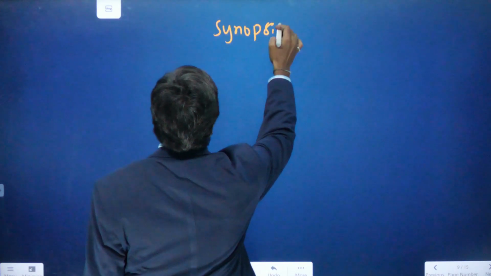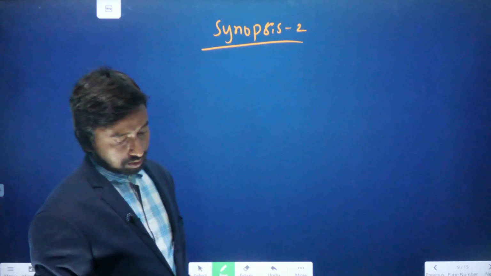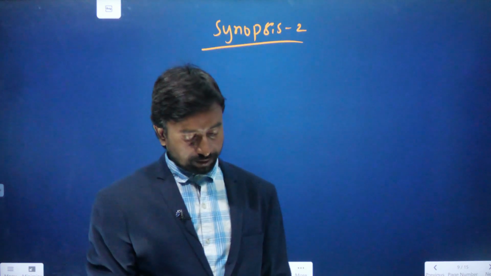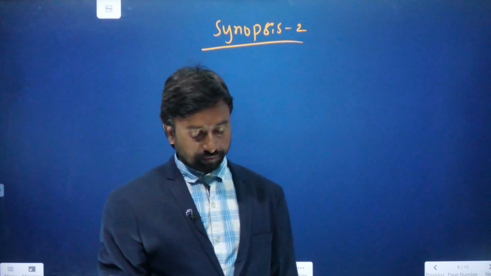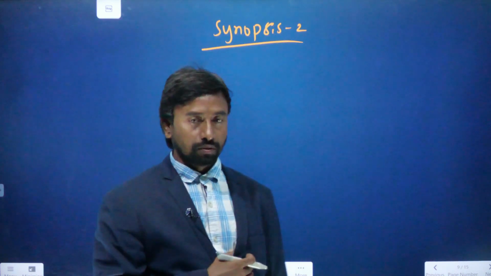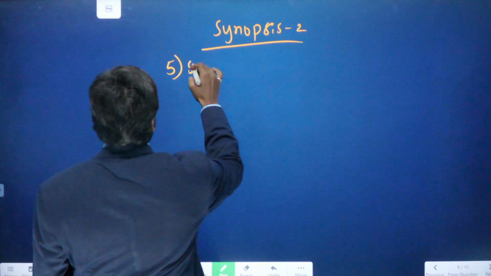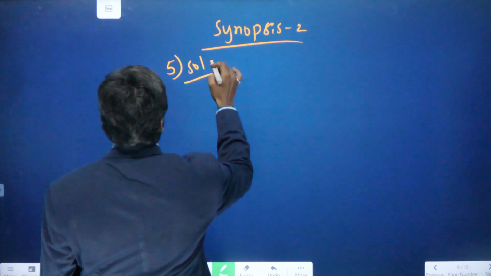Here the fifth question is given: if the maximum acceleration of SHM is alpha, maximum velocity is beta. The fifth one is not conceptual, it is a numerical.